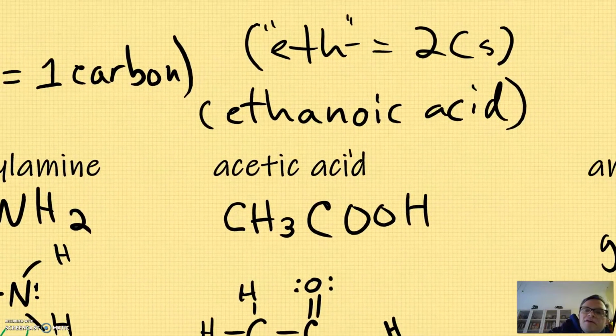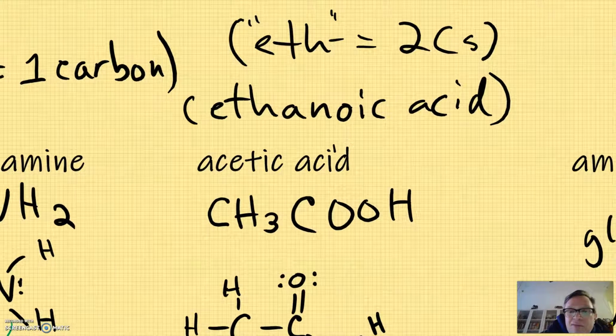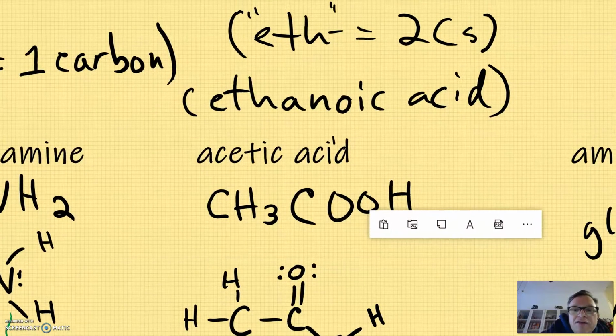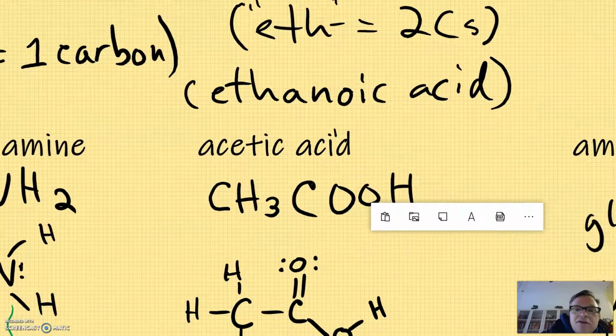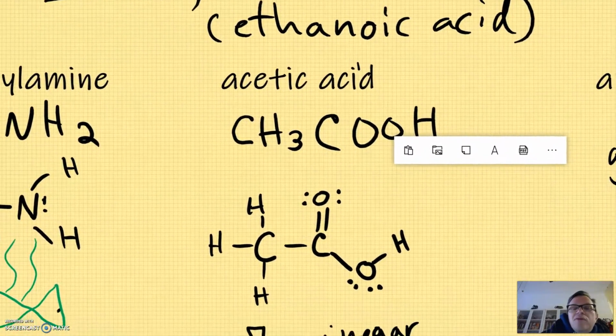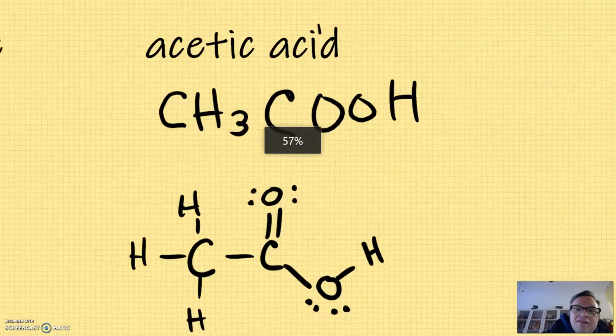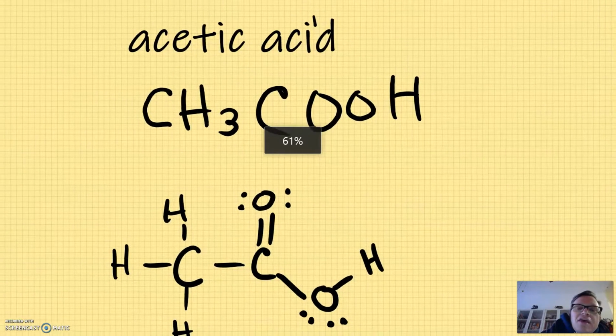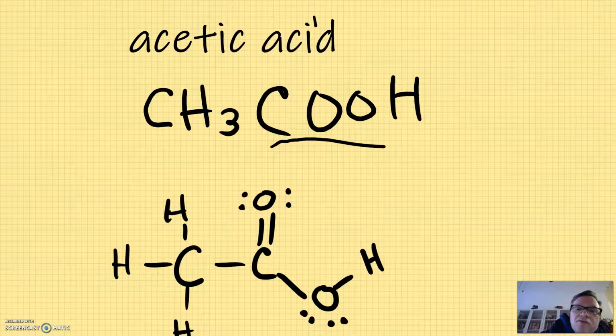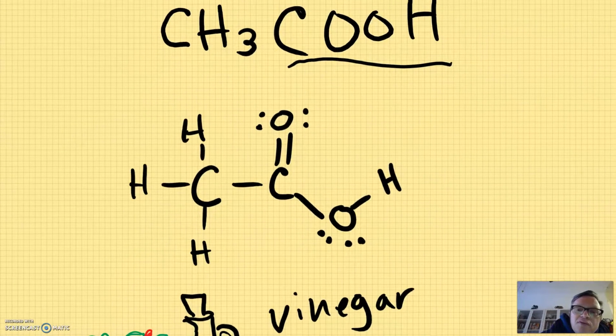Similarly, the prefix eth means something with two carbons in it. The formal name of this compound is ethanoic acid, but it is almost always referred to by its more common name, acetic acid. The acid group formula is always written as COOH, but what that really means is this.